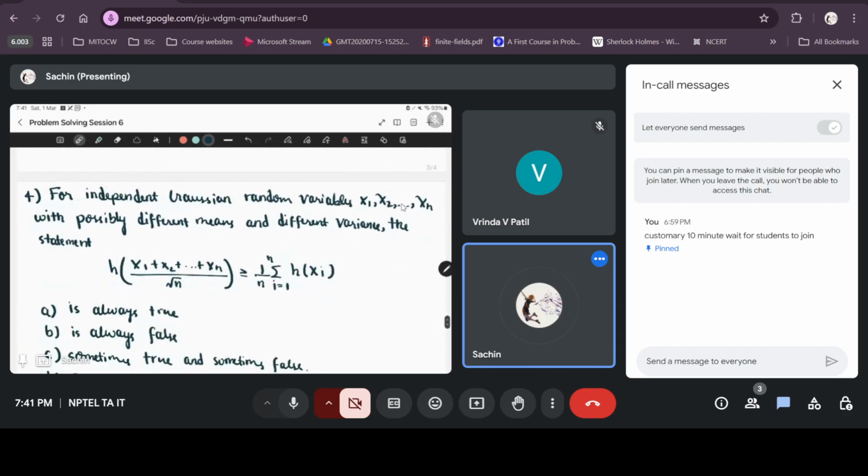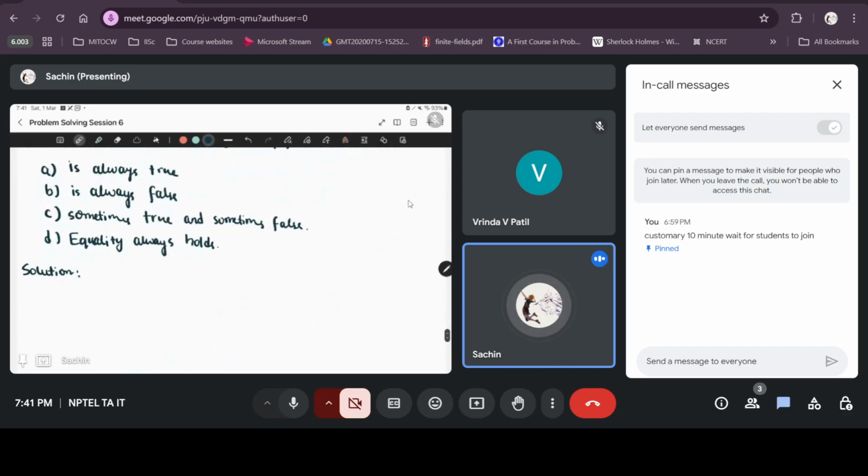And sum of independent Gaussian random variables, in that situation, their sum is also a Gaussian random variable.